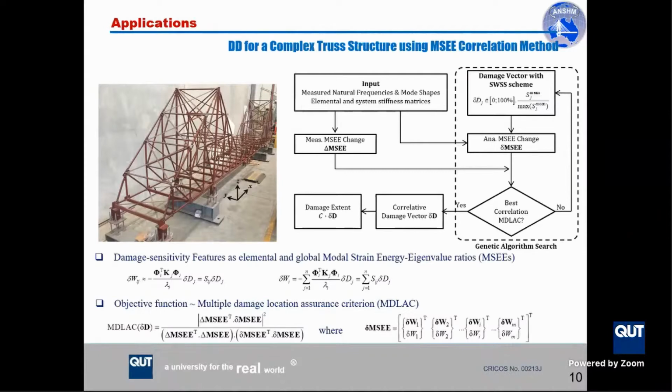We found that the change in modal strain energy eigenvalue ratio, we call it MSEE, can be estimated from the measured frequency and mode shape. This parameter is little affected by the numerical model. To identify the damage features, we use a genetic algorithm to optimize the correlation level between the measured MSEE change and the analytical MSEE change.